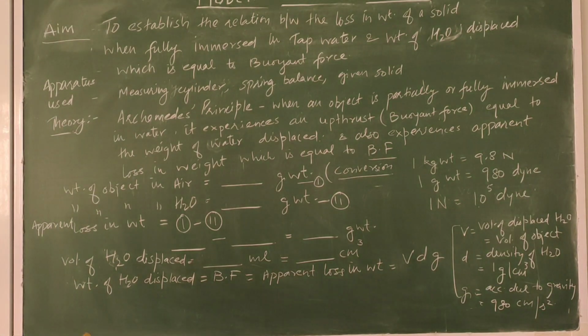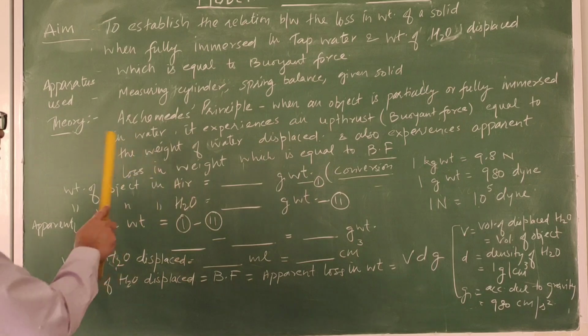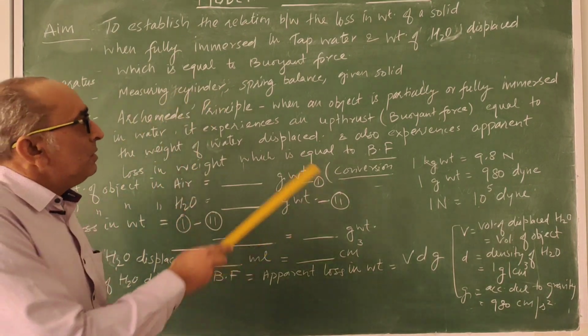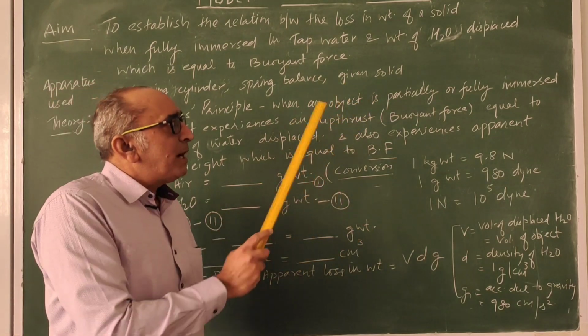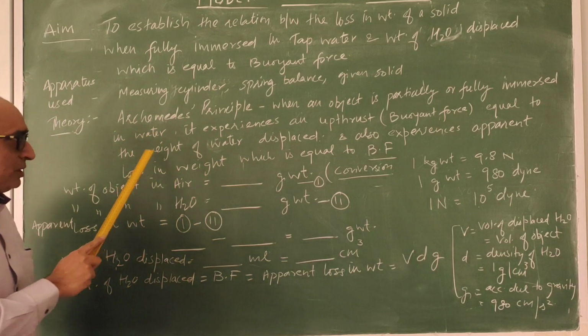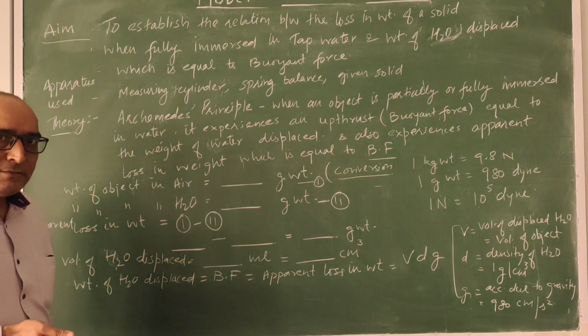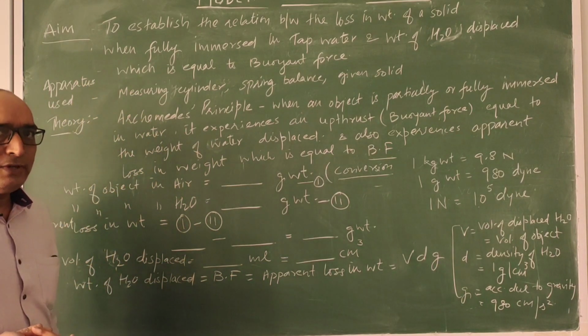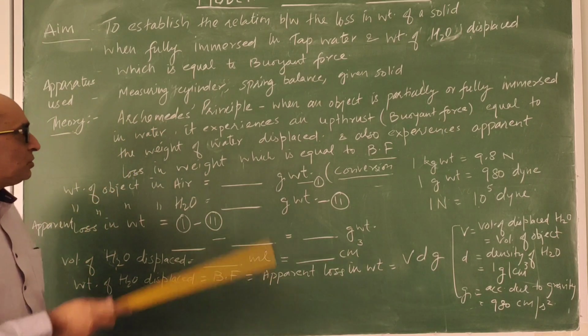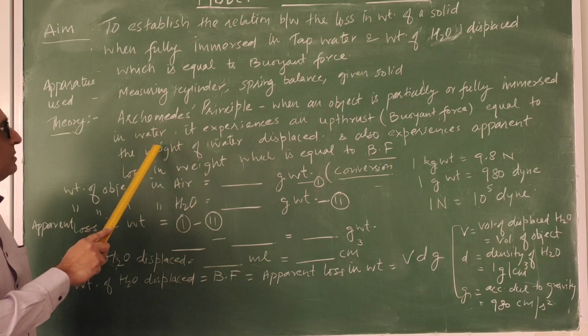Now moving on to the theory part. Archimedes principle, its definition is: when an object is partially or fully immersed in water or gas or any other liquid, so we are going to take water in this activity, so I have written water here.